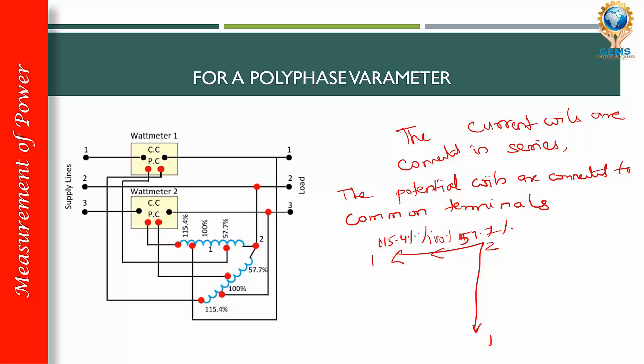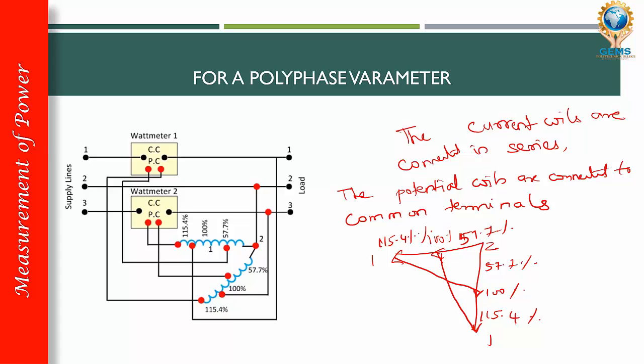So I can have the same thing here, 57.7%, actually 100%, but when we use two autotransformers, I get 115.4%. So this is how we get the reactive power when we use two autotransformers.